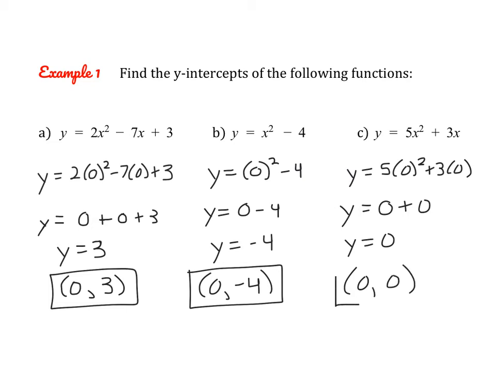So you might be noticing a pattern here. You might notice that when we substitute x equals 0, all of the terms disappear except for this last number, which again is called our constant. And of course here our constant was just 0. So let's see if we can generalize this into a quicker rule to find the y-intercept.